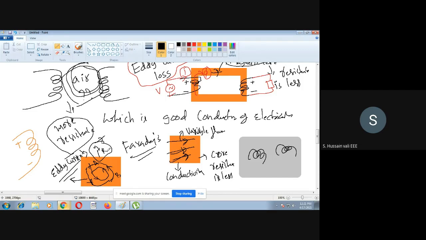So that power loss you call eddy current loss. So eddy current losses are because of the eddy currents in the magnetic core.